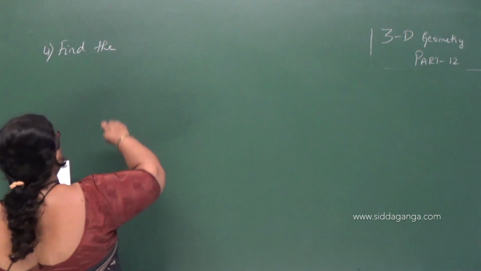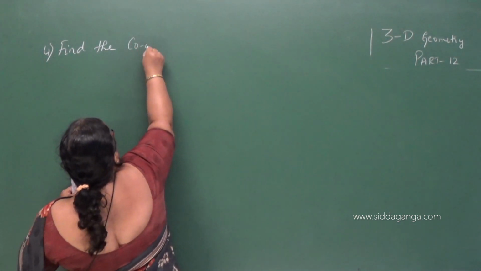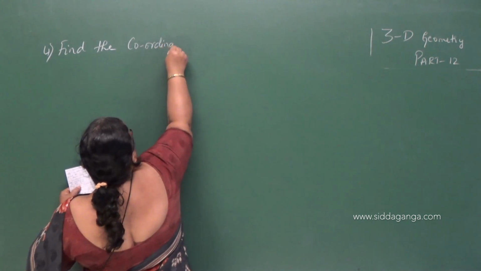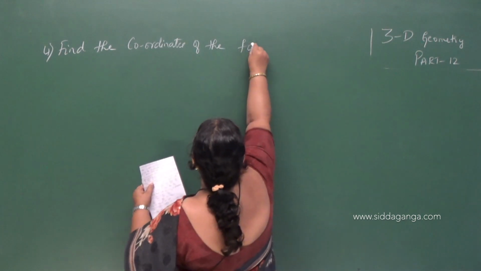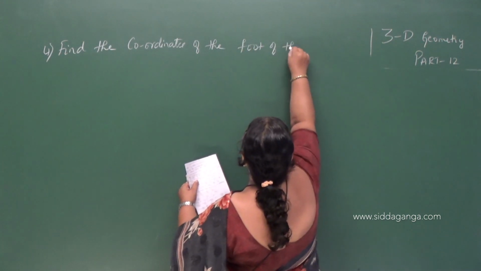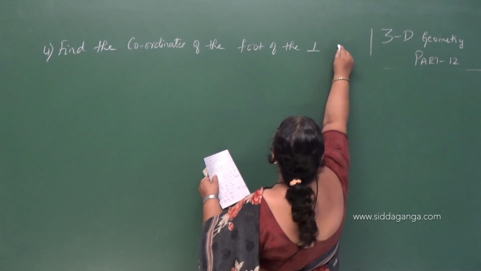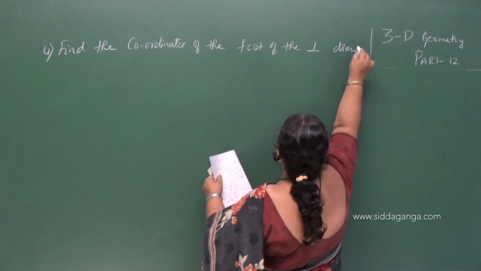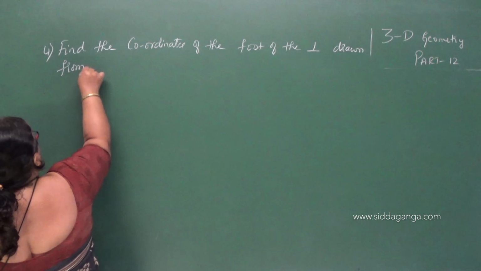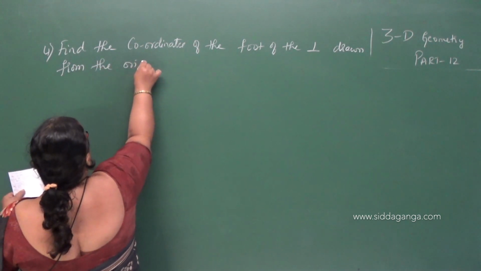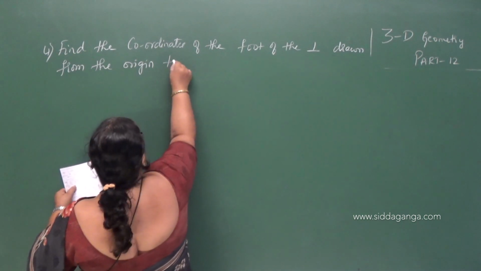In the last class you took the question: find the coordinates of the foot of the perpendicular drawn from the origin to the planes.